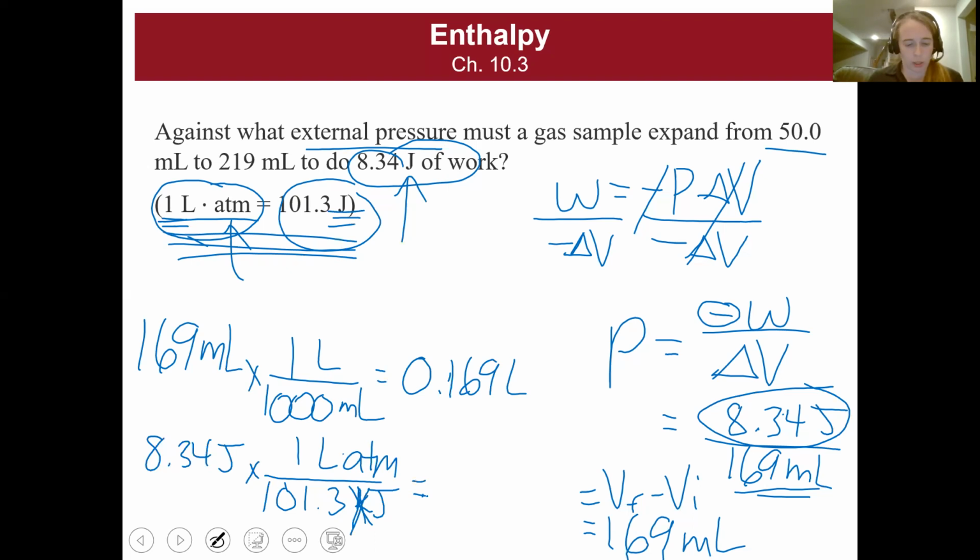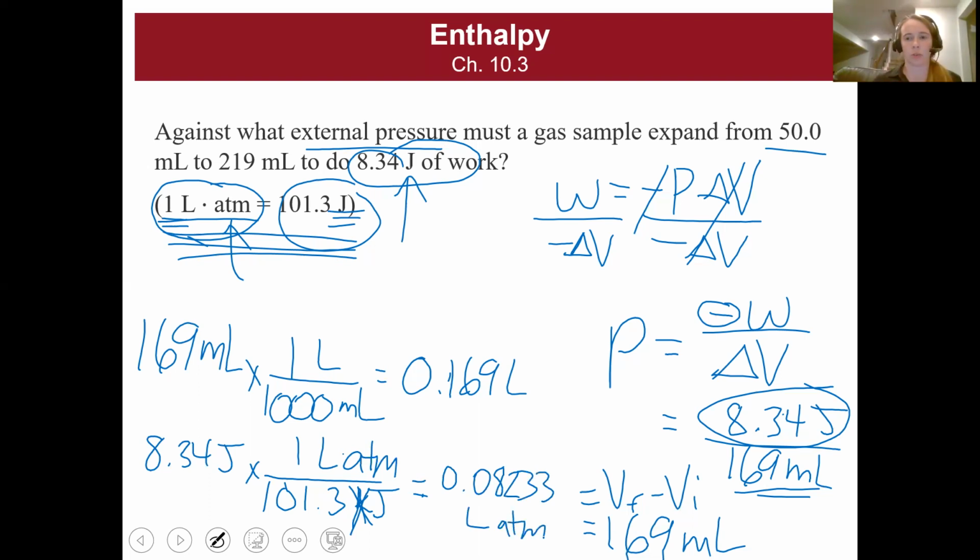So 8.34 divided by 101.3 is 0.0823 liter atmospheres.